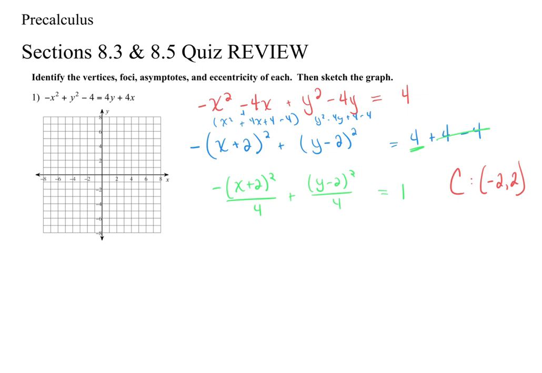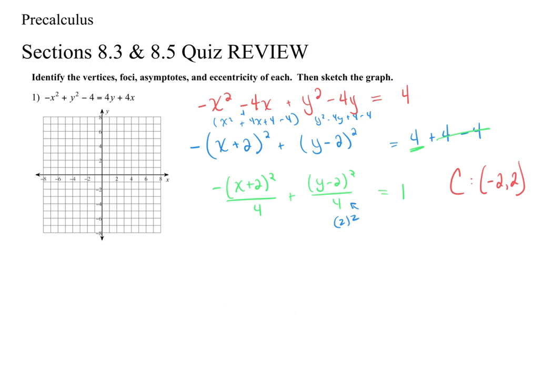And then from there, I'm going to move, in this case, up and down to determine where my vertices are, okay? I'm going to look at the value that is under my Y, which, remember, is the value squared. So I'm going to move the square root of that away. If that is 4, then that's technically 2 squared.